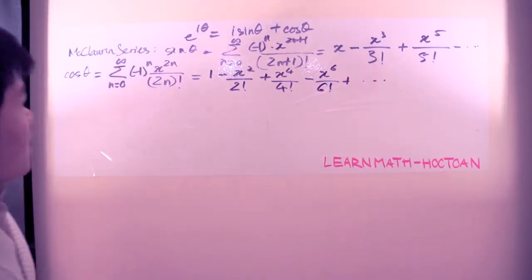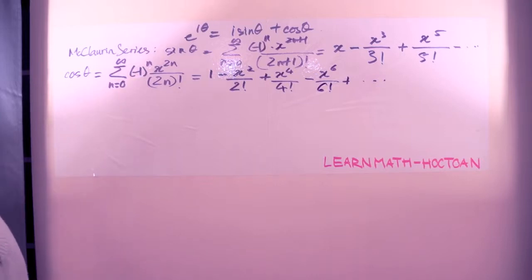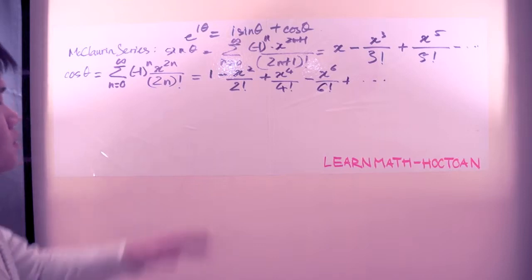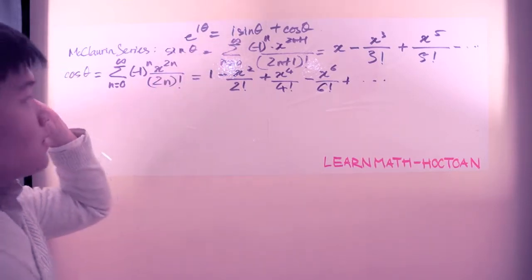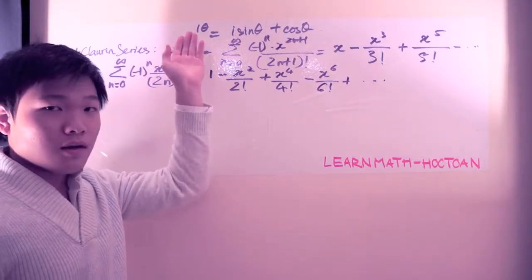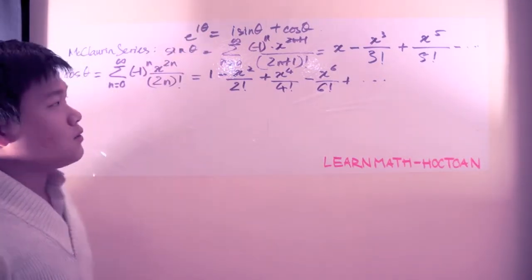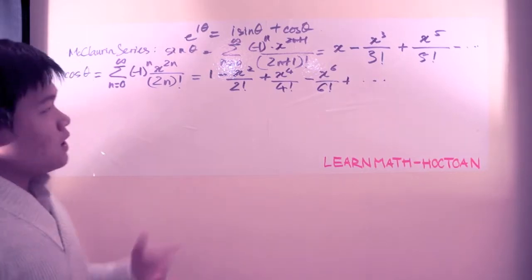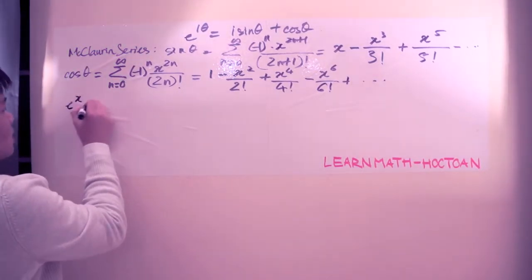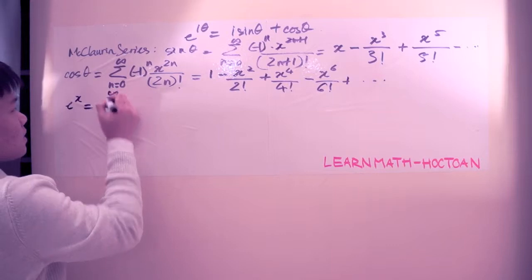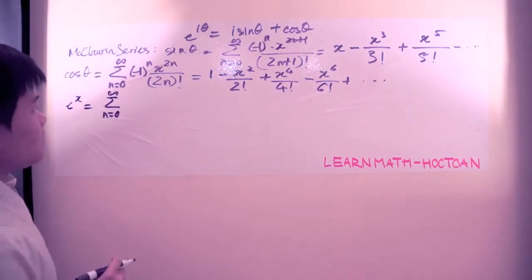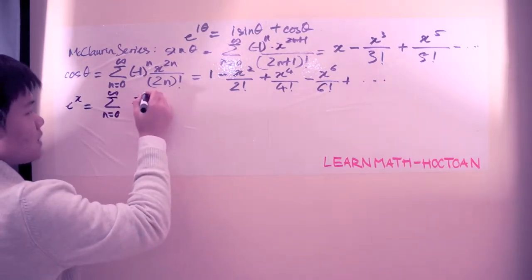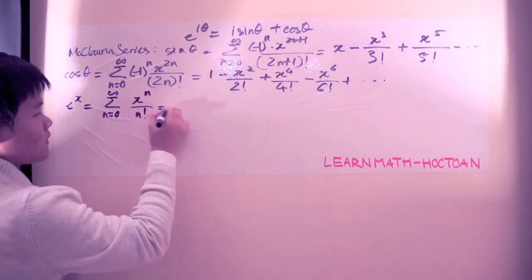Now there's some interesting resemblance between these functions and the function e to the x. The Maclaurin series for e to the x is the sum from n equals 0 to infinity of x to the n over n factorial.